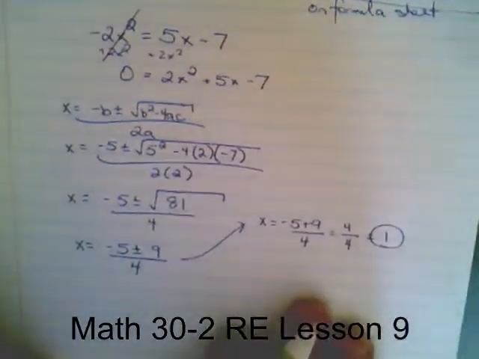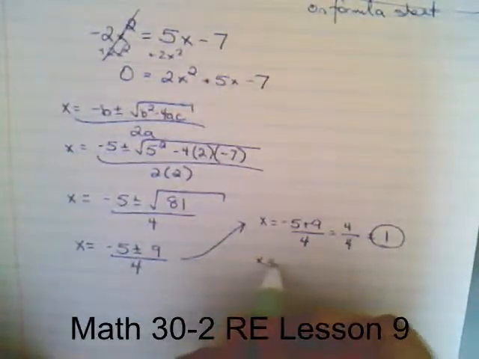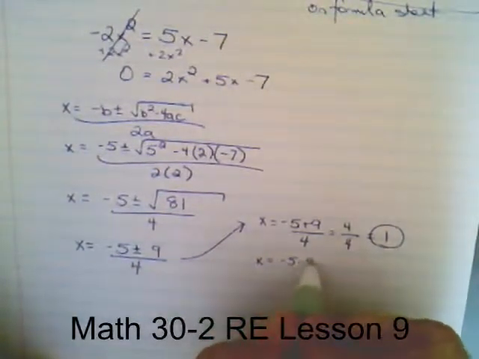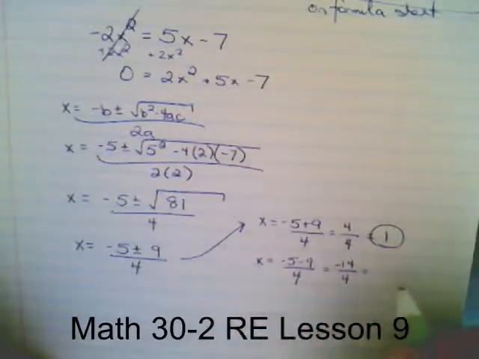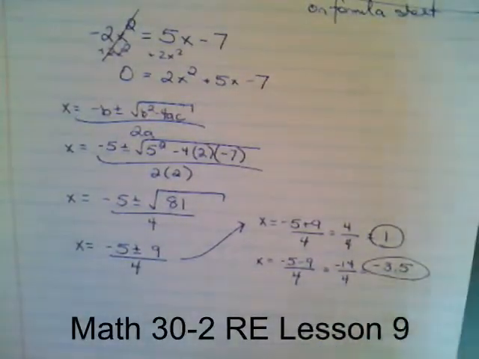There's one of the answers. The other answer is negative 5 minus 9 over 4, which is negative 14 over 4, which is negative 7 halves, or negative 3.5. So there are my two solutions.